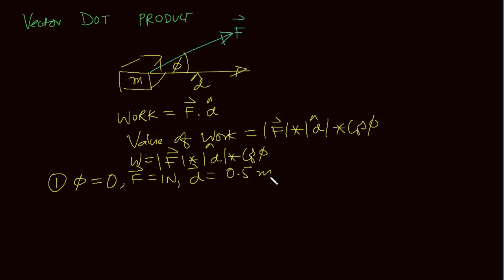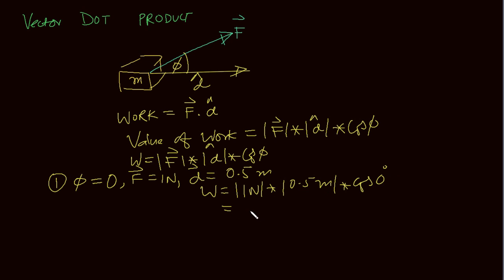So in this case, work will be 1 Newton multiplied with 0.5 meters multiplied with cos, and what is the phi? 0 degree.